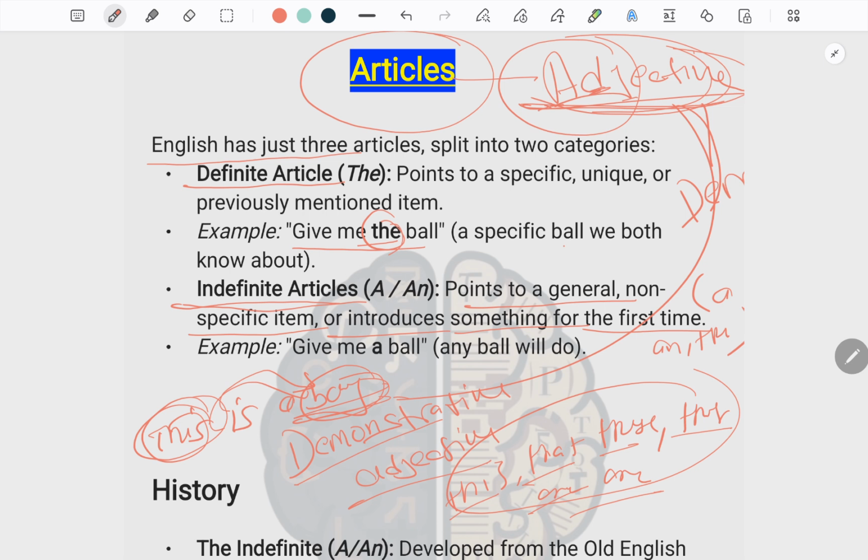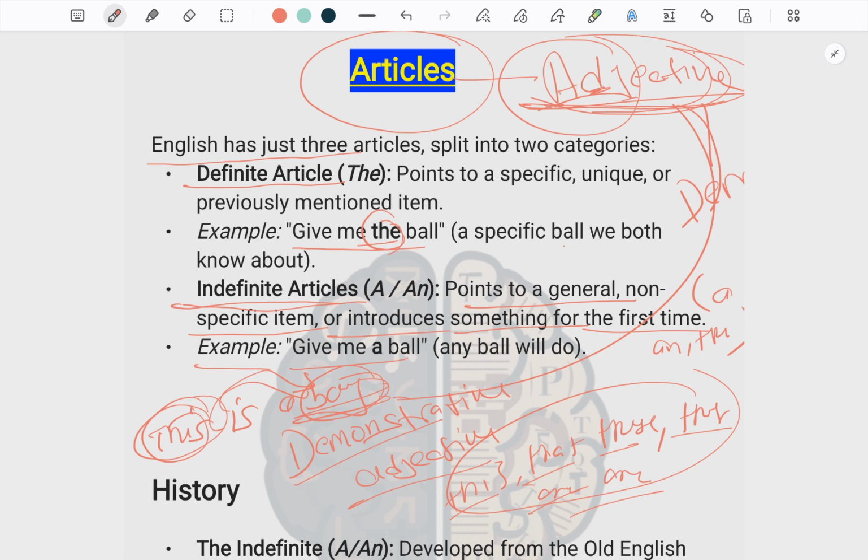It means that if I say to you, give me a ball, then there is no fixed quantity of that ball or any fixed position of the ball. Where is that ball? I don't know. But I am only asking you to give me a ball.